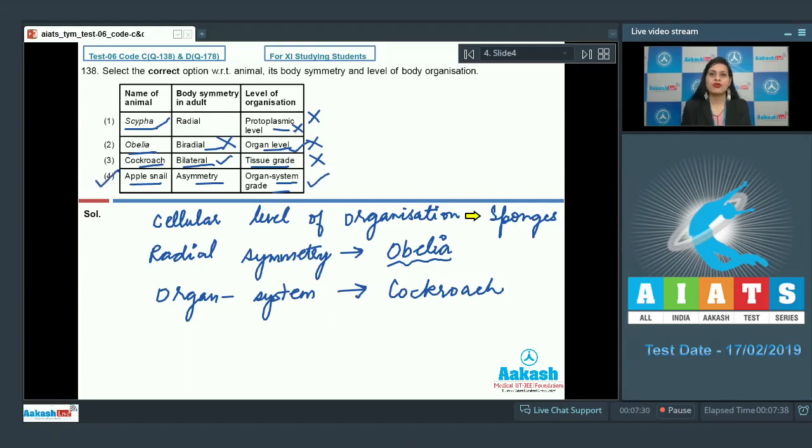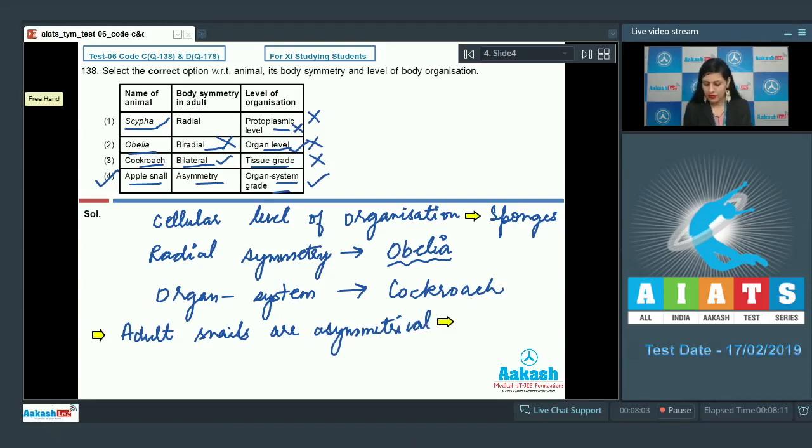Apple snail belongs to the phylum Mollusca, and adult apple snail or adult snails, they are asymmetrical due to torsion. Although in larval stages they are bilaterally symmetrical, but in adult snails they are asymmetrical because of torsion. So the correct answer to this question is option number 4. Let's discuss our next question.